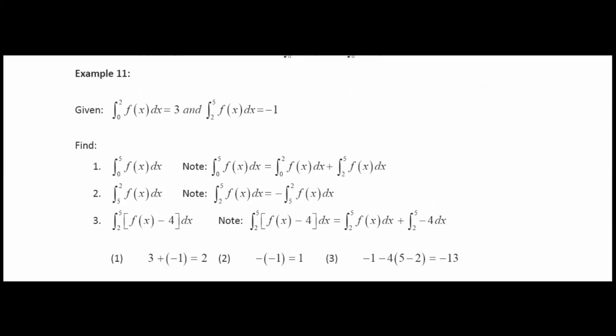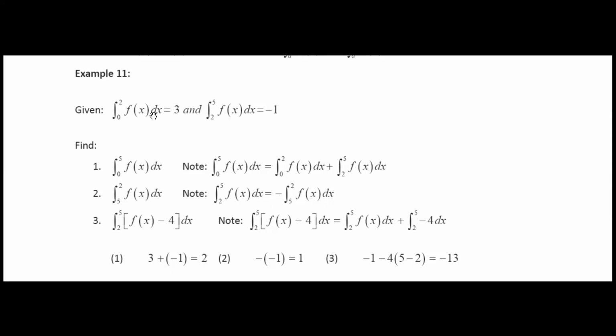Let's look at example 11. Suppose you're told that the integral of f of x from 0 to 2 is 3, and the integral of that same function from 2 to 5 is -1. And we ask you 3 questions. Now, this is given. We're not told what the function is.